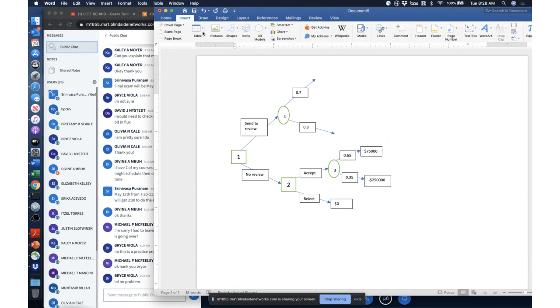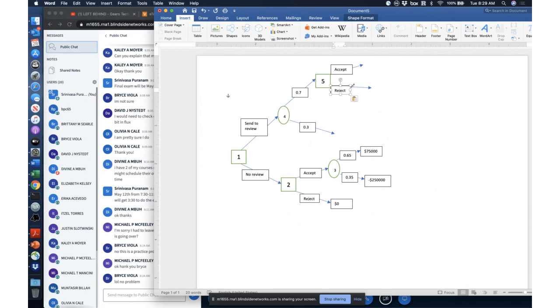So let's do that quickly. So this is again, you're making a decision on whether to accept or to reject the book. You can again either accept the manuscript or reject the manuscript.